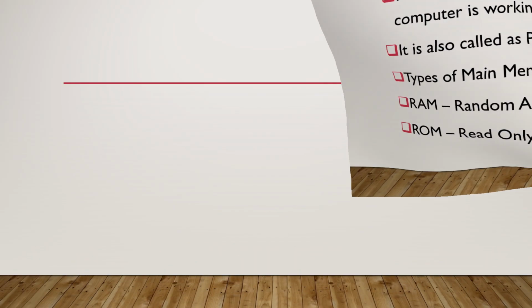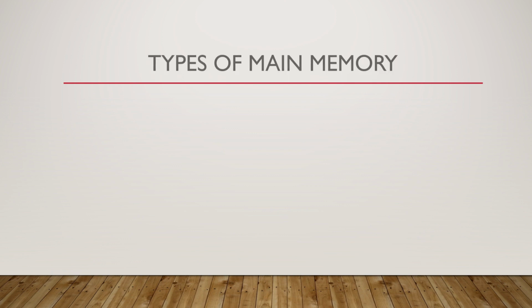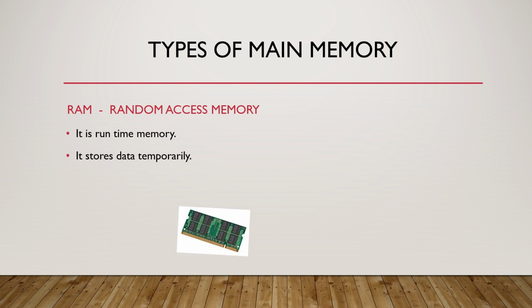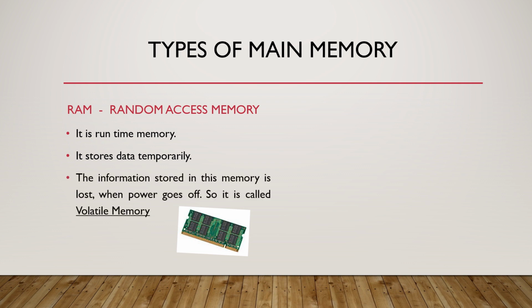The first is RAM, that is random access memory. It stores the information temporarily. The information stored in the RAM is lost when you turn off your computer or when the power goes off.